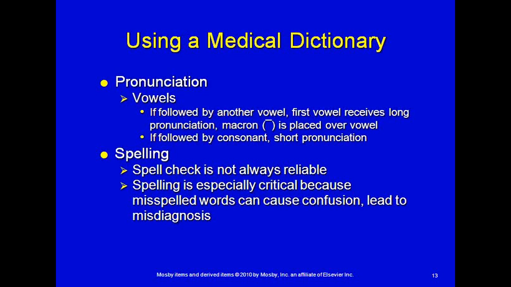If you spell it T-H-E-I-R, and you mean the car was found over there, spell check is going to say the word is spelled correctly, but it's not the right word. And spelling is especially critical because misspelled words can lead to confusion of the reader and possibly even misdiagnosis.